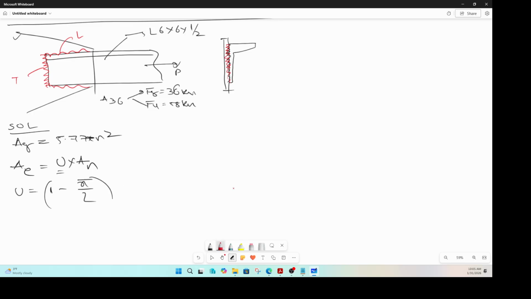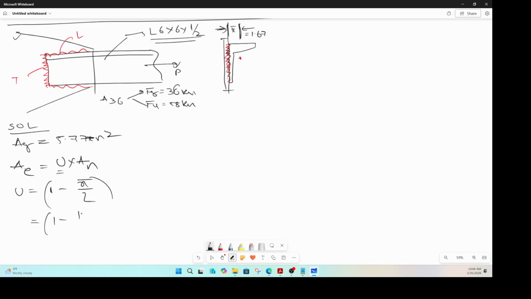x bar is the distance from the centroid of this shape to the plane of transfer of shear. If you go to the steel manual tables, for this particular member, L6x6x1/2, it is an equal leg, so you can find your x bar, and that value is 1.67 from the tables.